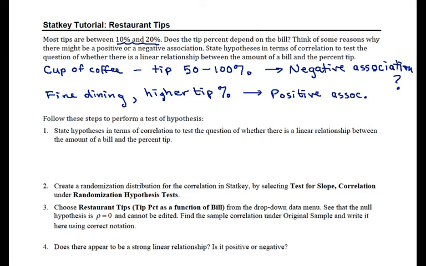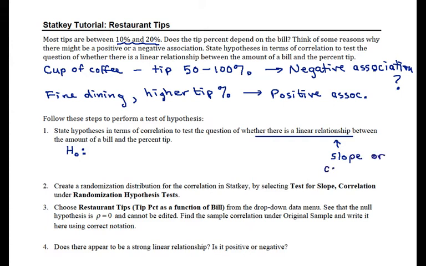And so we're going to go into this with just a neutral question of whether there is a linear relationship, positive or negative, we're not asking, between the amount of the bill and the percent tip. That means our null hypothesis is no linear relationship, and we measure linear relationship with slope or correlation.